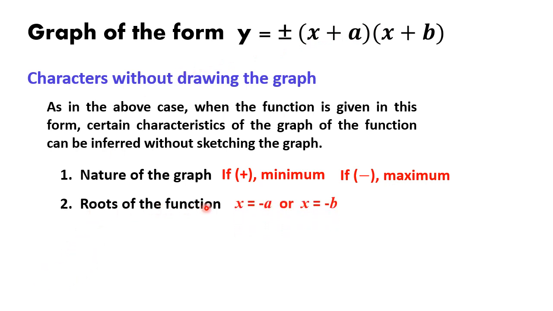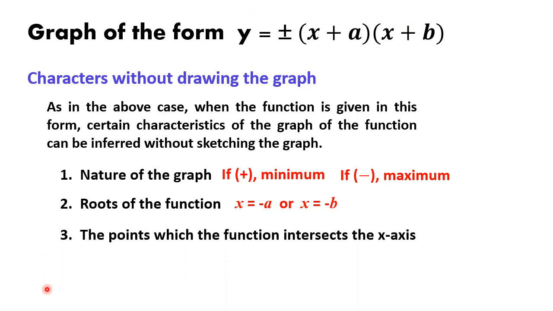Therefore, the roots of this function are x equal minus a, x equal minus b. Changing the sign, what is inside the bracket? When y equals 0, we can determine the roots x equal minus a and x equal minus b.